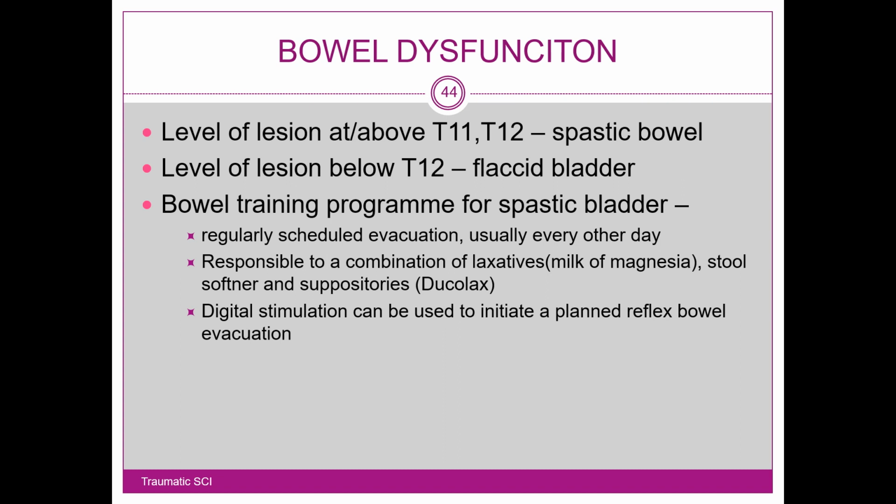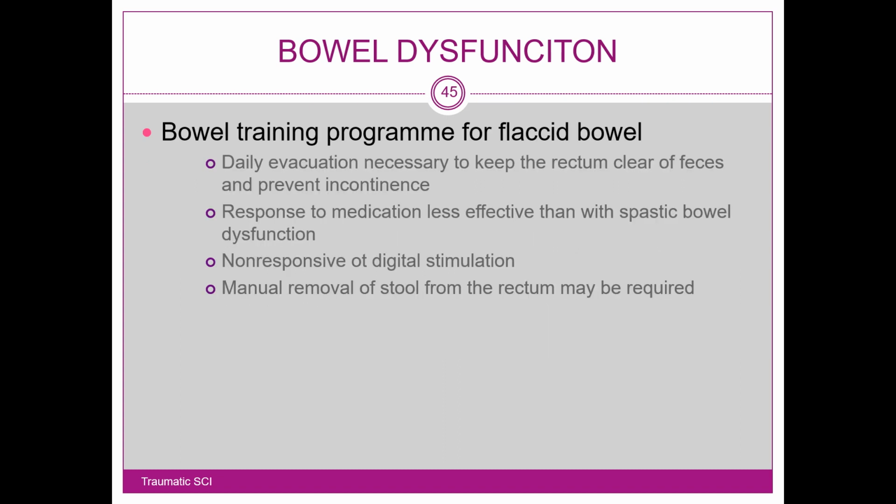Digital stimulation can be used to initiate a planned reflex bowel evacuation. Initially the patient will not respond to these treatments, but with time it will become regular and a part of the schedule in ADLs.